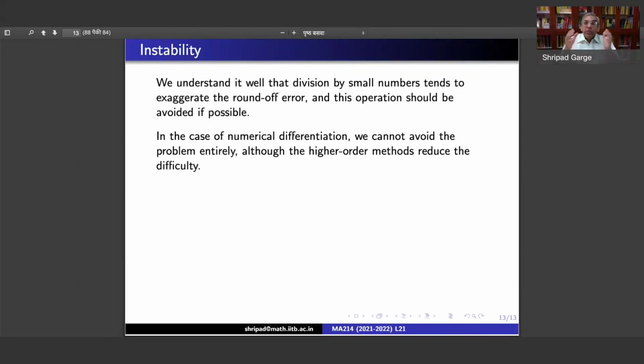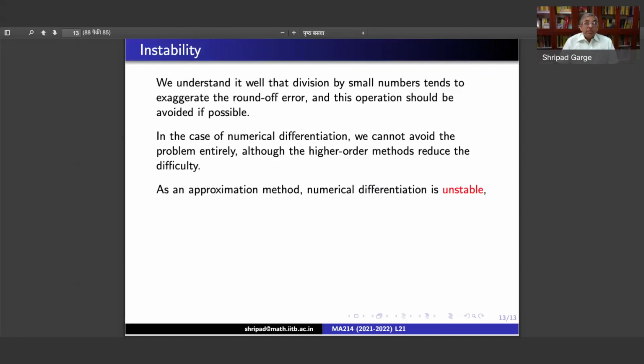So you don't have to reduce the step size h too much if you are using the interpolation formulae, interpolating polynomials for more number of points. But then of course you have to compute a higher number of function values. And this is why I said that the 3-point formulae and the 5-point formulae are the most common. One doesn't go beyond 5 because then there will be too many function values which you will have to compute, and again there is a possibility that the round off errors will get bigger and bigger.